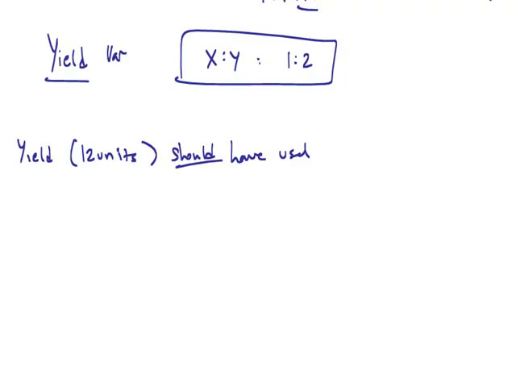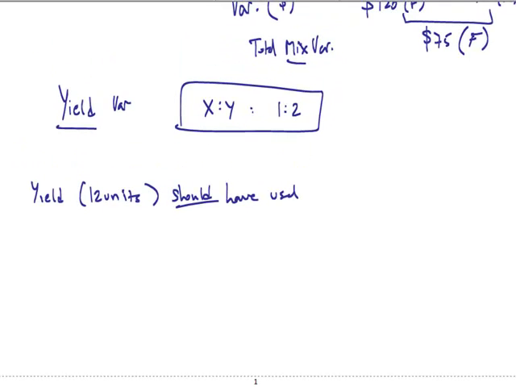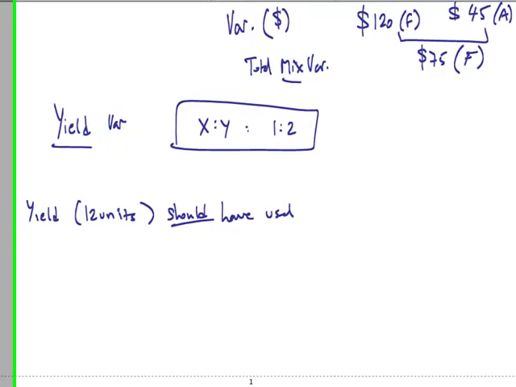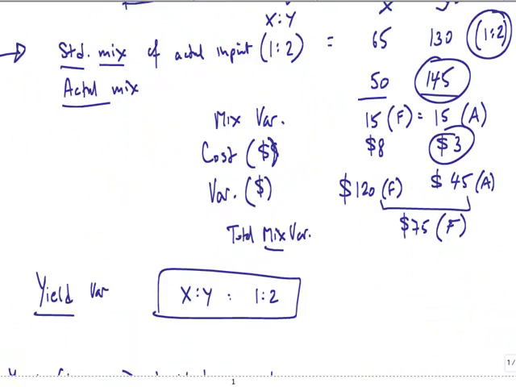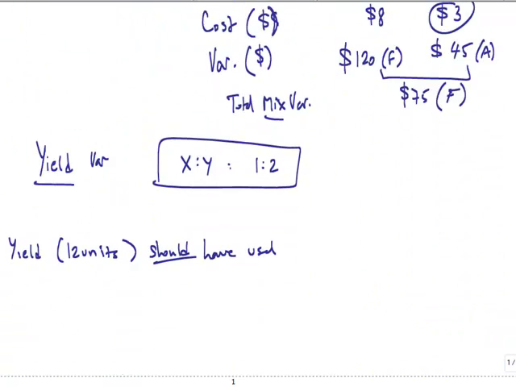If you go back to the initial standard, we would expect to use 15 kilograms total per unit, and therefore 12 units should consume 180 kilograms of materials in the proportion of 1 to 2.